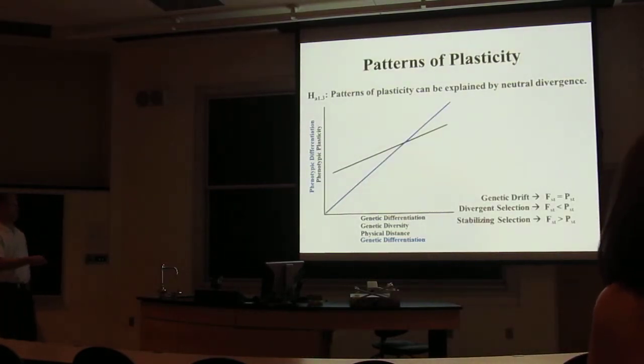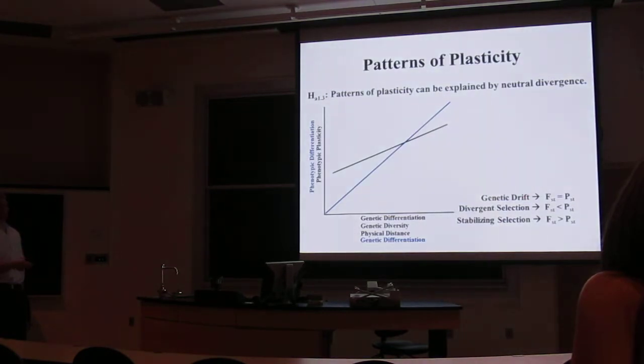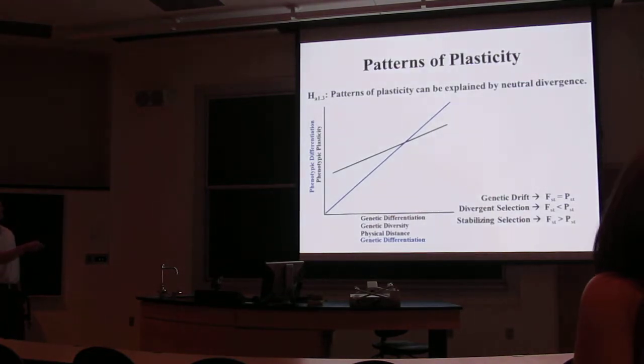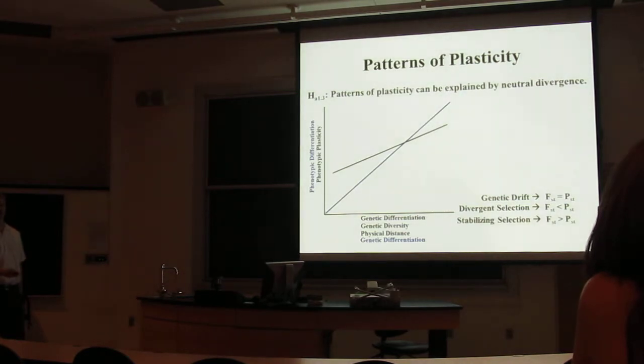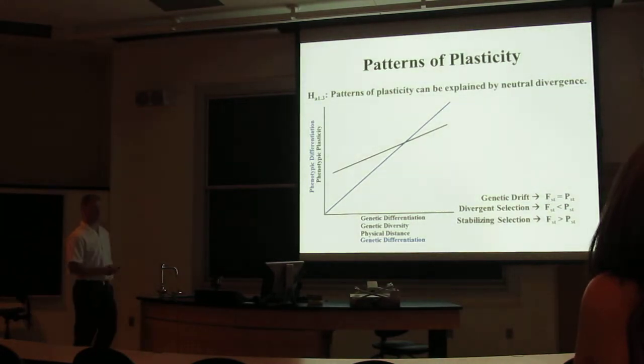And if I find that they are equal and fall on this line of equality, genetic drift will be sufficient to explain patterns of plasticity. However, if phenotypic differences are greater than genetic differences, that will be in support of divergent selection causing the patterns of plasticity, and the opposite trend will support stabilizing selection.